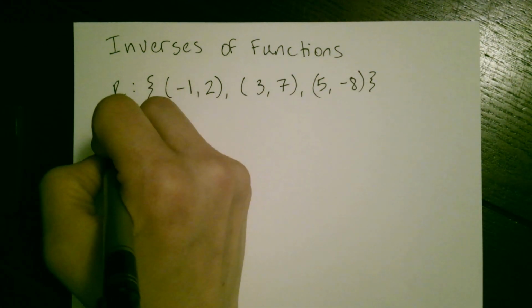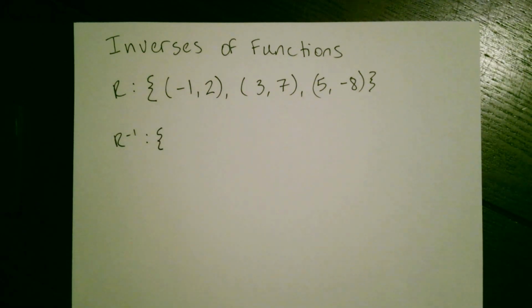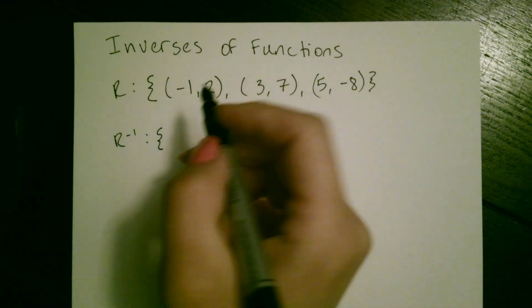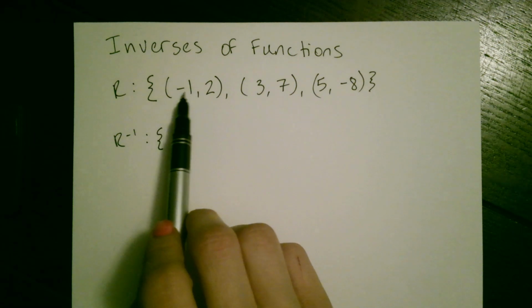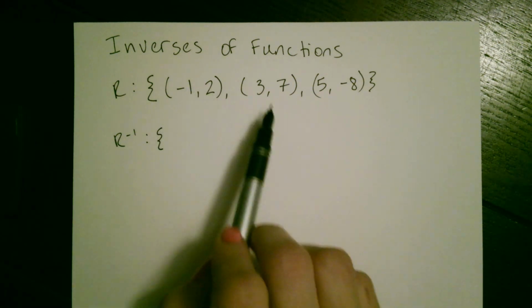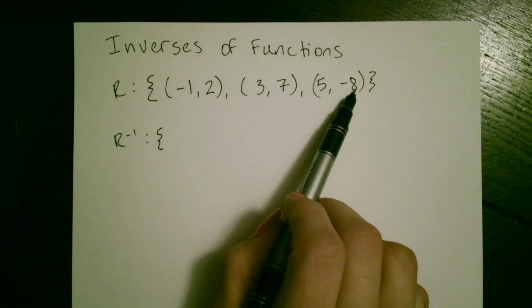If I wanted to know what the inverse of this relation was, like I said, inverses are going to swap the x and y values. Notice with this relation, if I quote-unquote plug in a -1, I get a 2 back out. If I plug in a 3, I get a 7. And if I plug in a 5, I get a -8.